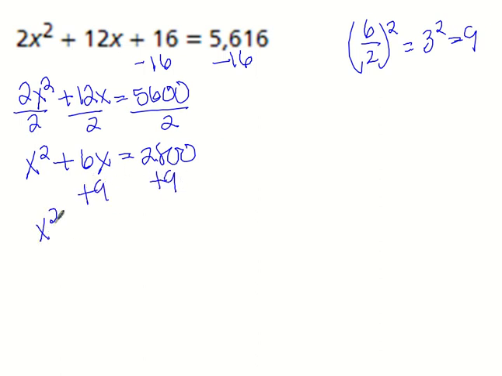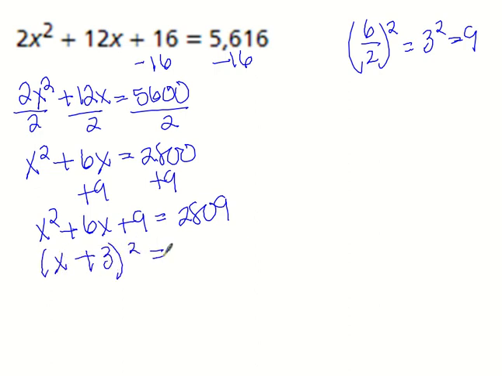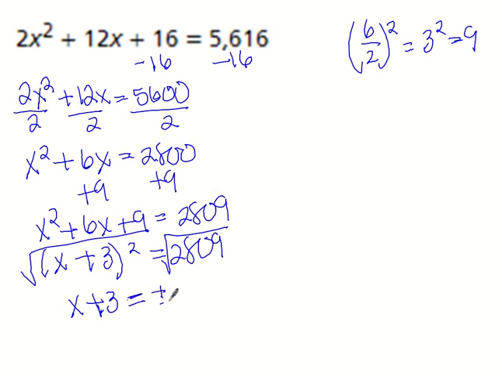So x squared plus 6x plus 9 equals 2,809. Factor this, x plus 3 squared equals 2,809. Square root both sides. x plus 3 equals plus or minus the square root of 2,809.